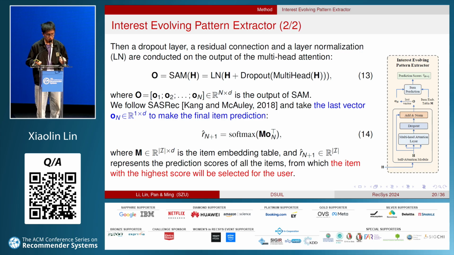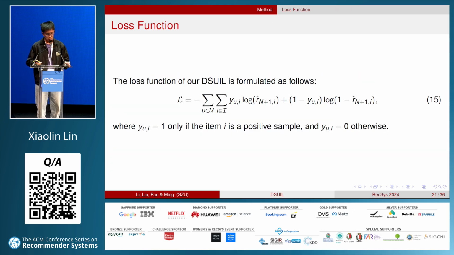Then we obtain the output of the self-attention module, and we take its last vector to conduct the item prediction score calculation. And this is the loss function of our method. It is a cross-entropy loss.